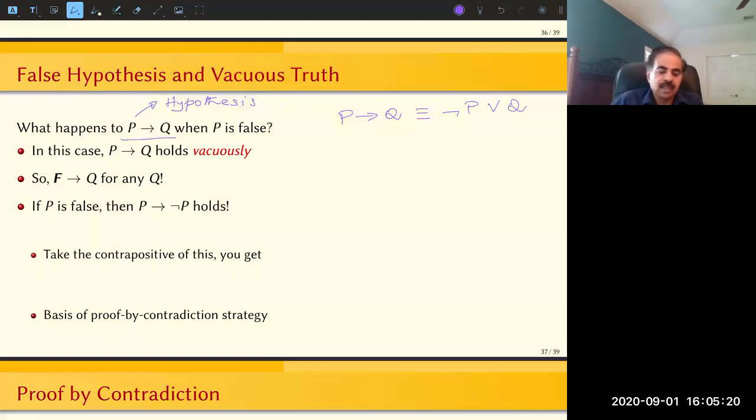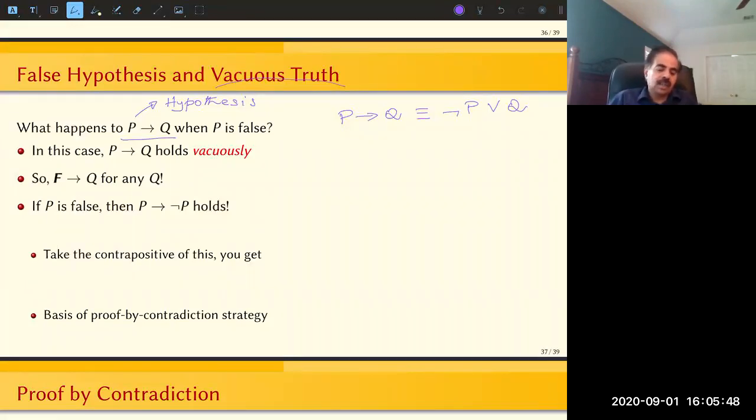We would say that the implication is vacuously true, because you don't have to do anything. Because P is false, P implies Q happens to be true, even if Q itself is false. So P implies Q is unconditionally true when P is false. This is called vacuous truth.